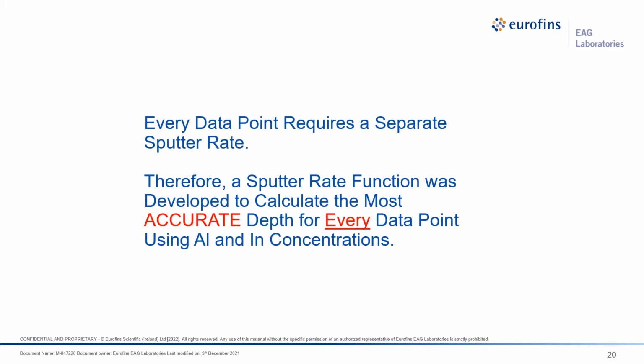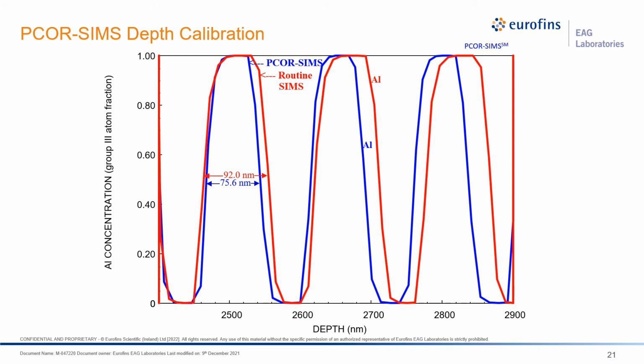Once this is applied, do we get the correct layer thickness? Here's an example. This is a DBR layer of a VCSEL structure using an average sputter rate, which is done in routine SIMS, or with PCOR-SIMS, where you actually vary the sputter rate at every data point. And as you can see, there's almost a 20 nanometer difference in each layer here.